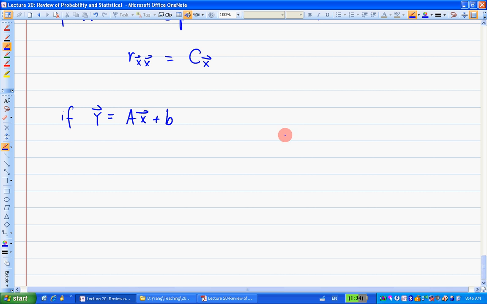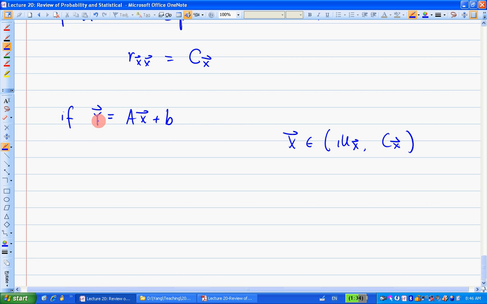So basically for x, what we write is x belongs to a distribution, let's say mu x and cx. So x has an expected value, a mean value mu x, and x has an autocovariance matrix of cx. With a single variable, it's basically the mean and the variance, right?